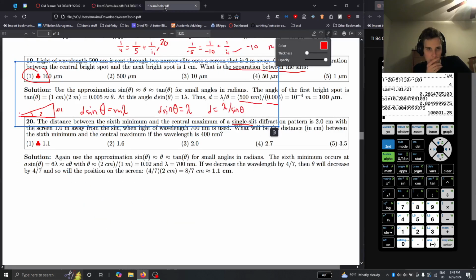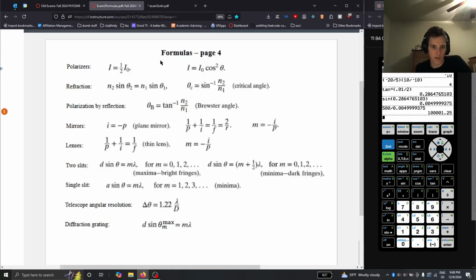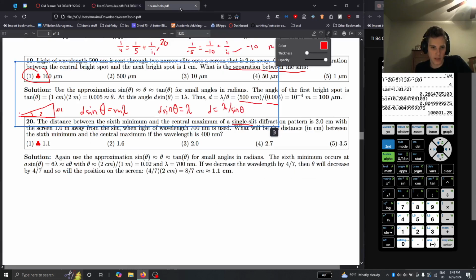It's a single slit, so this only looks for minima: a sine theta equals m lambda. Now, they say the 6th minimum, so that represents an m of 6. We're solving for a, which is the unknown, and that's actually the width of that one slit. So that'll be m lambda over sine theta.